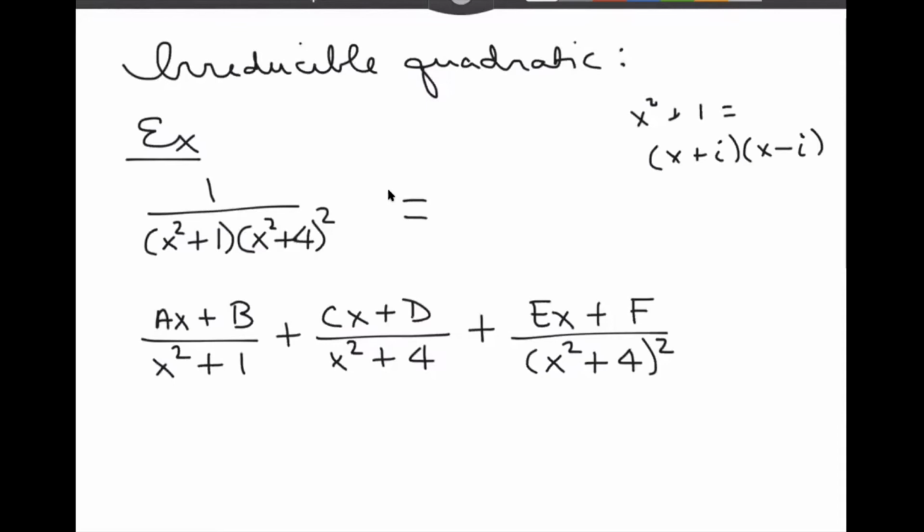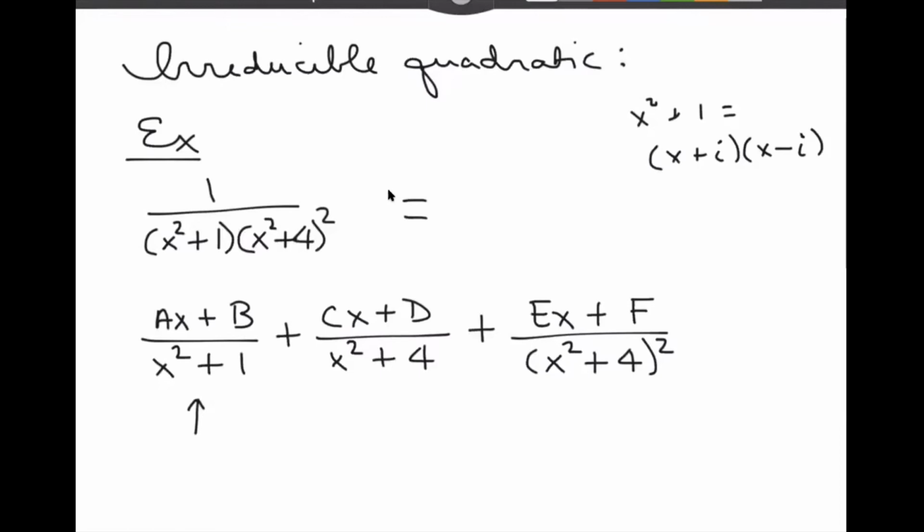First I have the x squared plus 1 to the first power. The big difference between this and the linear factors is that you use something like Ax plus B instead of an A. You use a mystery linear expression instead of just a mystery number.